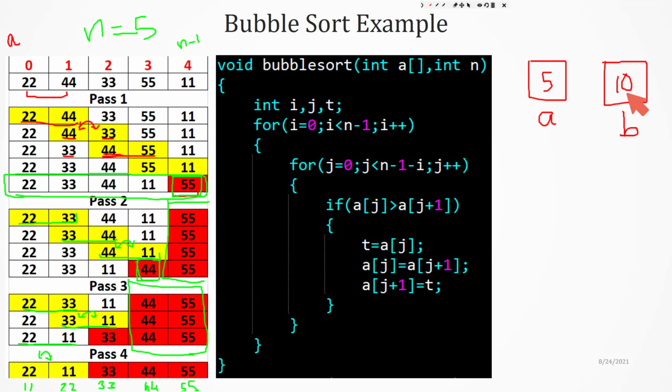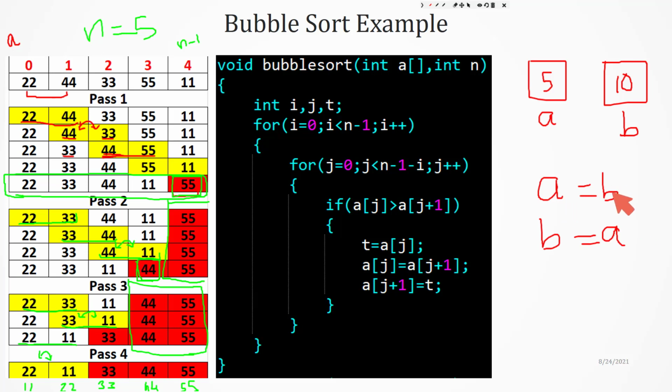So how can I swap? The first thing that comes to your mind will be something like this: A equal to B and B equal to A. But it is absolutely wrong.